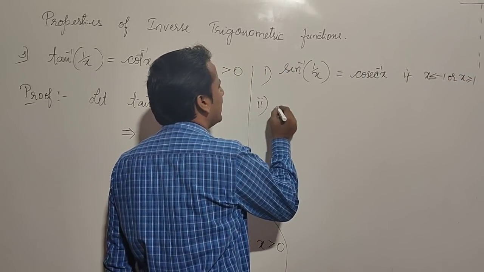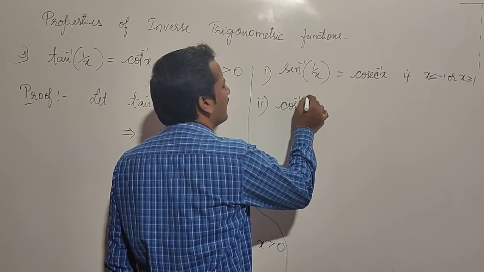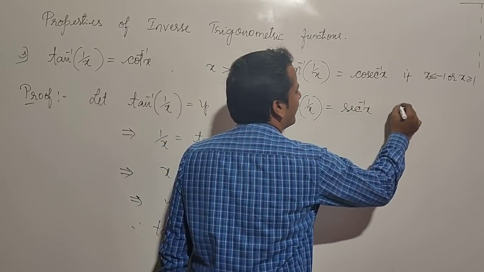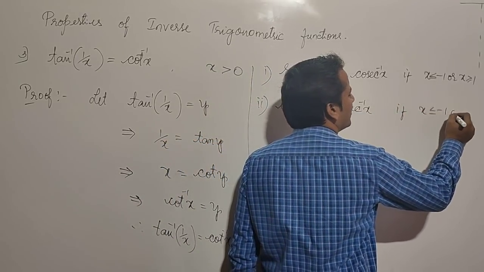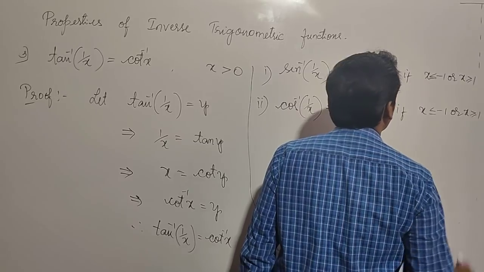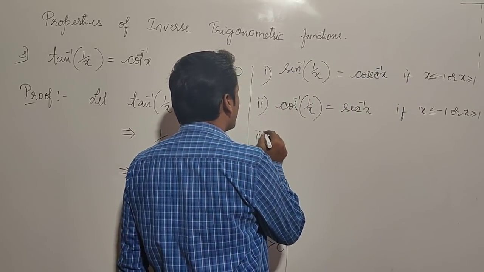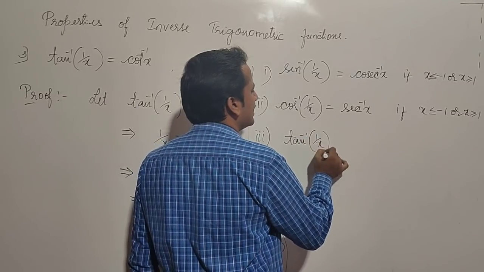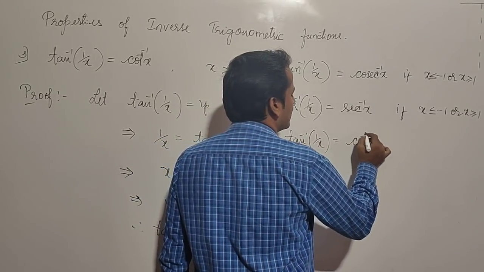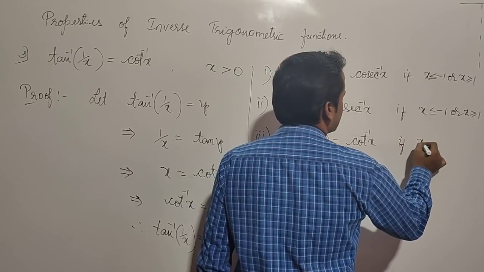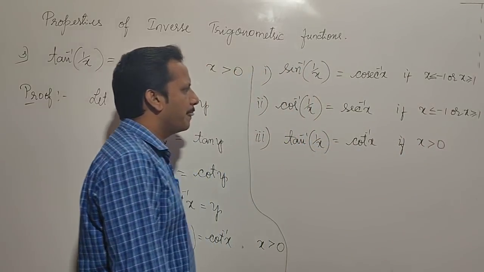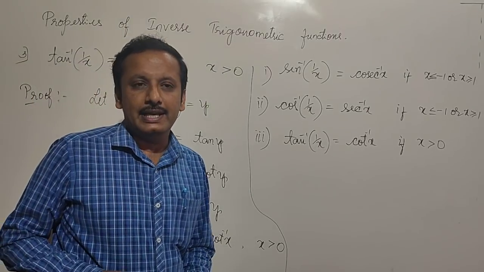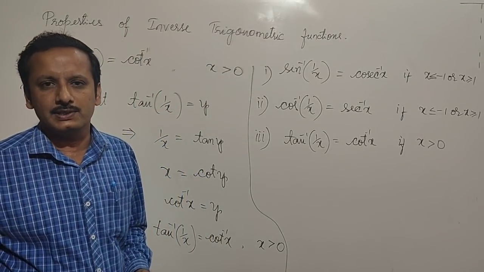The second property, cos inverse of 1 by x is equal to secant inverse x if x is less than or equal to minus 1 or x greater than or equal to 1. And the third property, tan inverse of 1 by x is equal to cot inverse x if x is greater than 0. Okay, now let us move to our next set of properties.